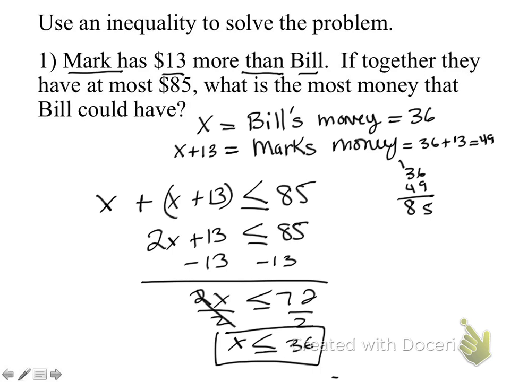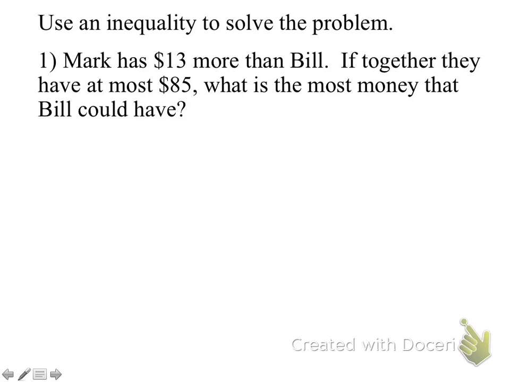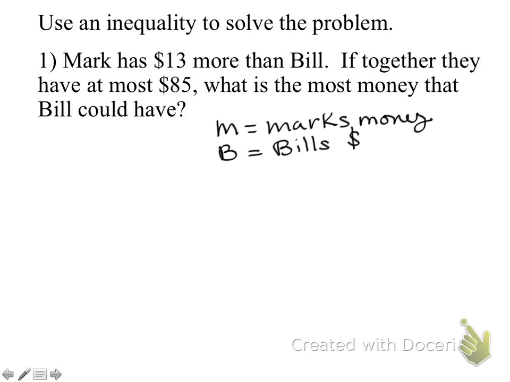Now we solved that with one variable. You now have the ability to solve with two variables. So this isn't the only way. You could have potentially done something like this. I'm going to call M Mark's money, and B is for Bill's money.